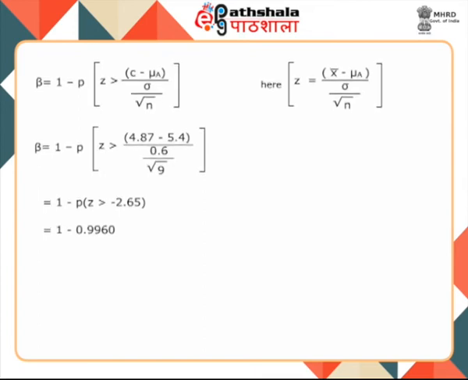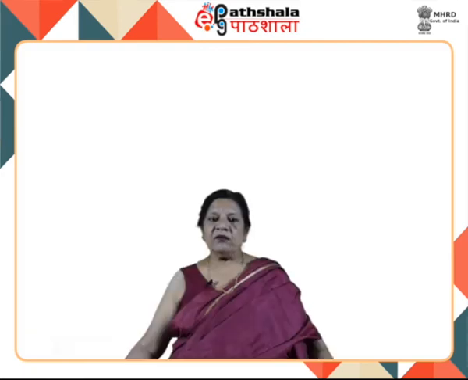After substituting this value, we get the value of beta equal to 0.0040. Hence, the probability of type 2 error rate value is 0.0040.